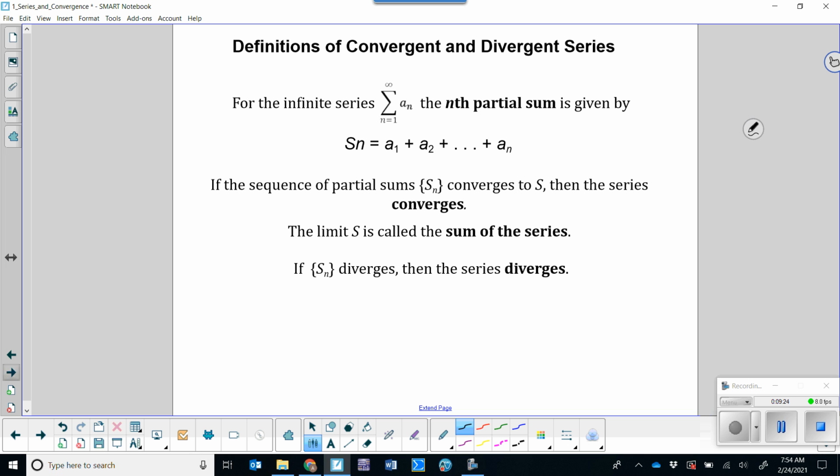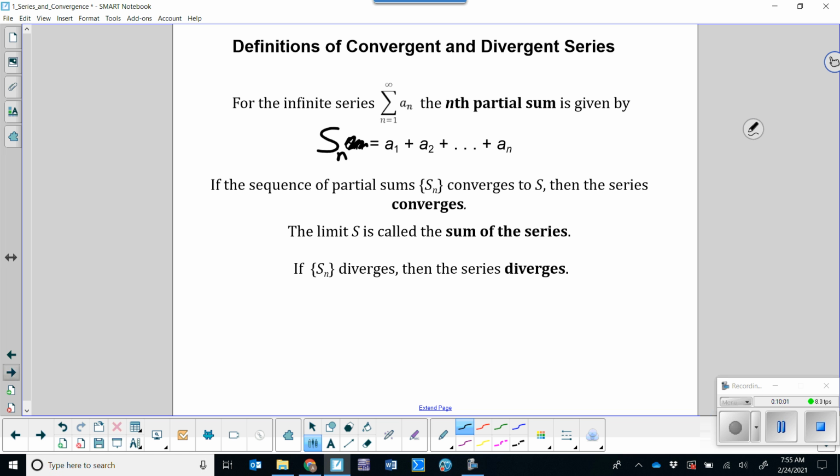But the idea is if you've got this infinite series and the nth partial sum, which should be capital S with the lower n, is a1 plus a2 plus and so on plus an. So you add up the first n terms. If the sequence of partial sums converges to some value s, then the series also converges, and that limit would be the sum of the series. If that sequence diverges, then the series diverges.